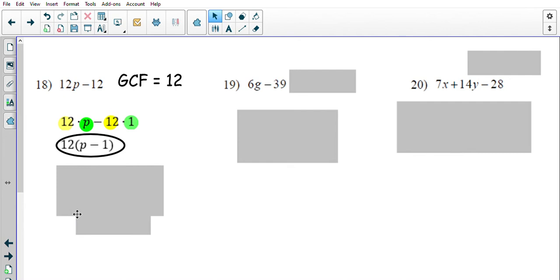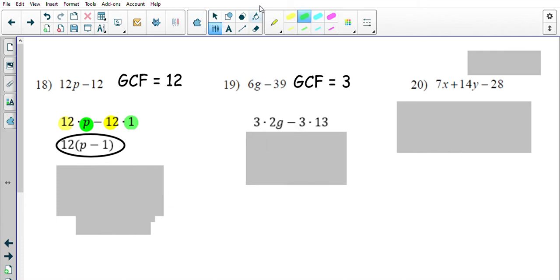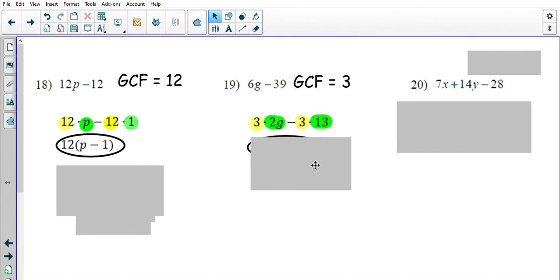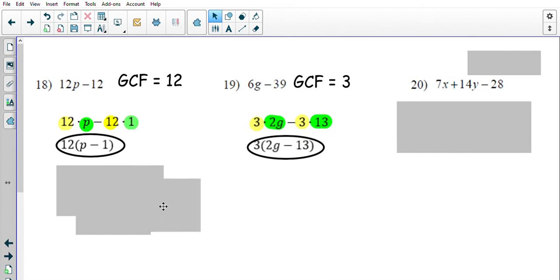Number 19, the greatest common factor of 6 and 39 is 3. So we can write this as 3 times 2g minus 3 times 13. The 3 goes outside the parentheses. 2g minus 13 is left inside the parentheses.